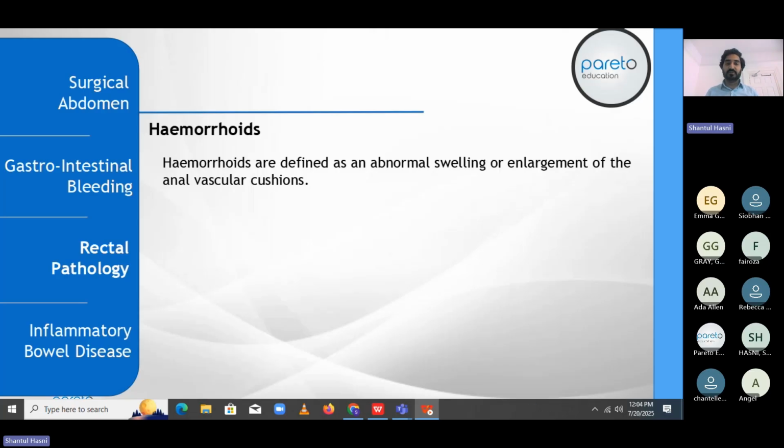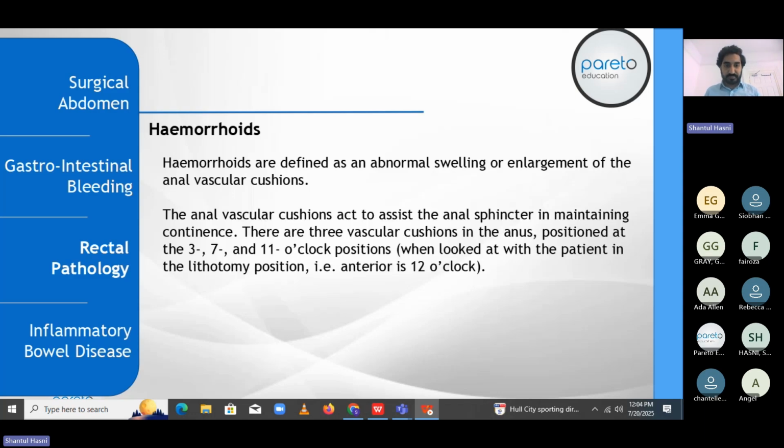So with more constipation, you've got more straining, more blood pouring into them, and enlargement of those anal vascular cushions, and that gives you the hemorrhoids. Since they're already physiologically present, enlargement of them is what hemorrhoids basically are. They usually act to assist the anal sphincter in maintaining continence, and there are usually three, at around the 3, 7, and 11 o'clock positions.